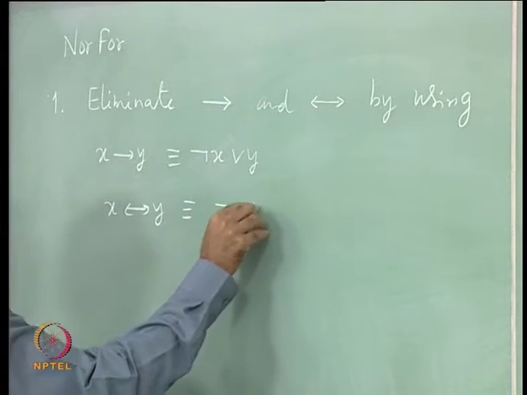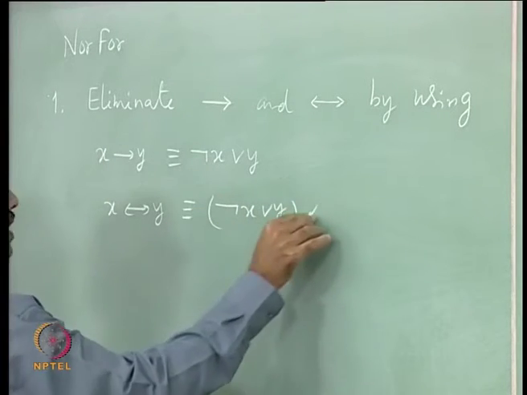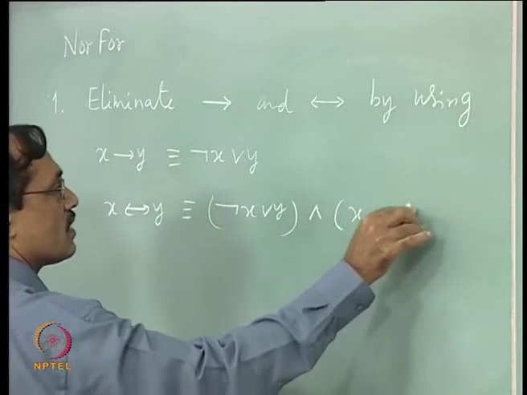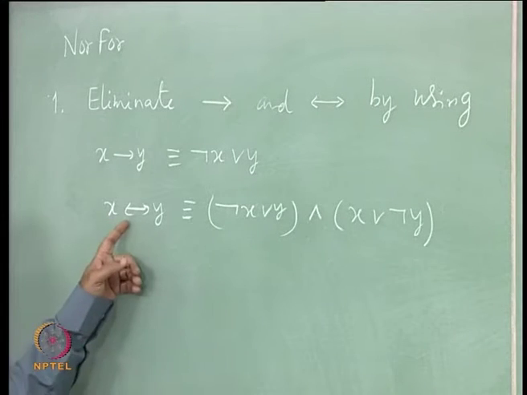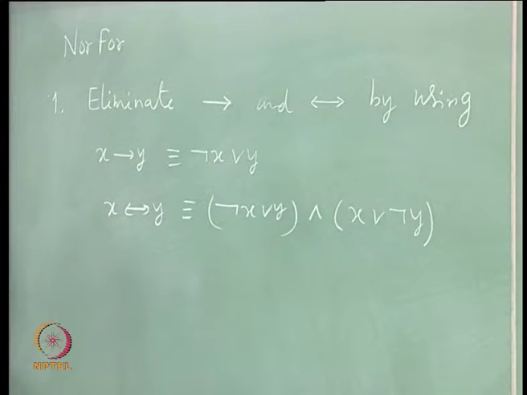So, you say not x or y and x or not y. Fine. It is a combination of x implies y and y implies x, right, or you can write it in a different way.